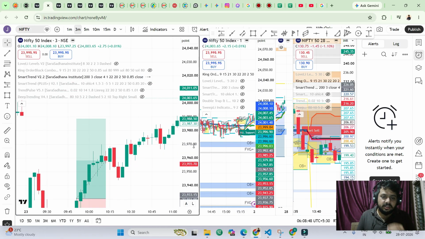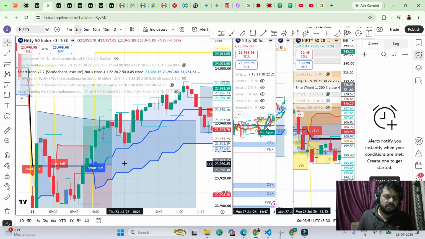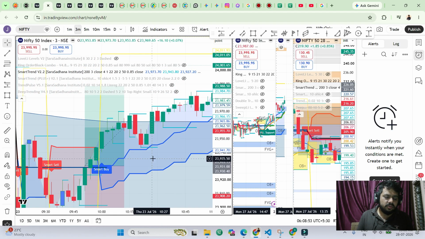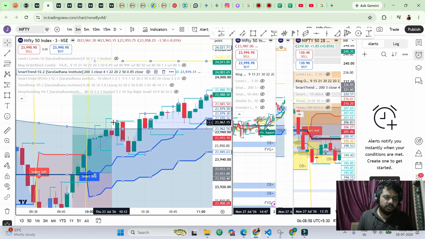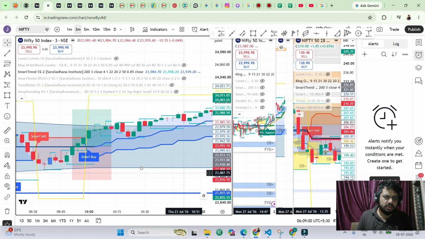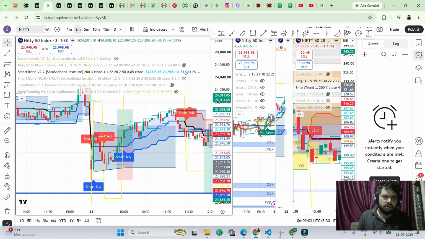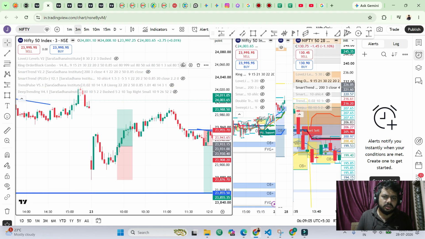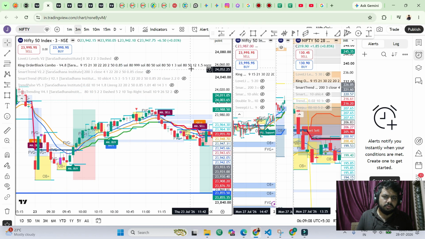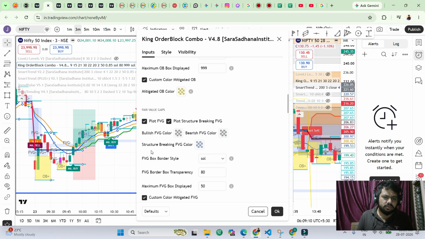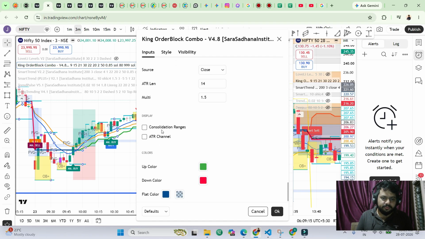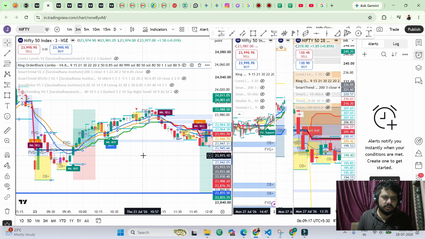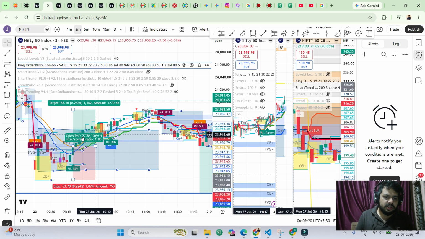Other than that, you can observe like this. Instead of this, you can see this indicator, which is a faster, better one, because whenever the market comes here, it will give the ranges. This king order block also will give you the ranges. Whenever you turn on this consolidation, you can expect this one.